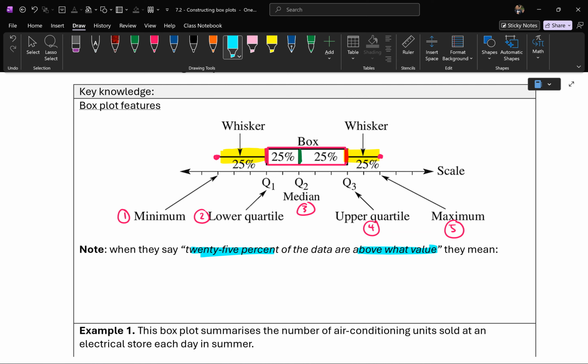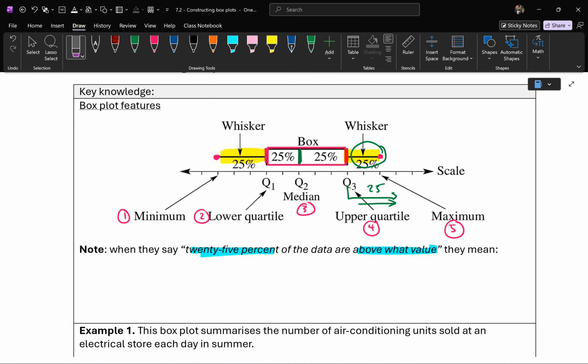Q3. Q3, that's your 25%, but it's above a certain value. So towards the right, usually that means larger. To the left, it means smaller. So depending on the question, they could say above 50% or below 50% or the bottom 25%. You need to be able to interpret that box. At the year 11 level, that's pretty much where you're at. Year 12s, they can play around a bit more.